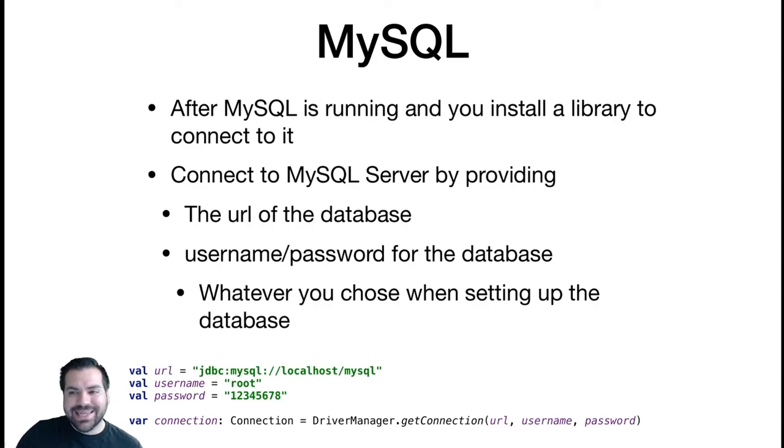So the first thing we need is to connect with MySQL. When you install MySQL and you start running it, you're going to go through the configuration script that they have. One of the things that you're going to do in that script is specify a username and password for your database. So when we go to connect to this, we're going to have to tell it what URL the server is running at.